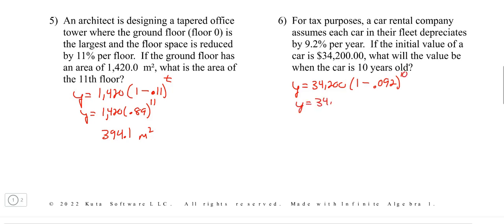Now, 1 minus 0.092 is 0.908. So here's our equation, 34,200 times 0.908 to the 10th power. And now all we need to do is punch this into our calculator.